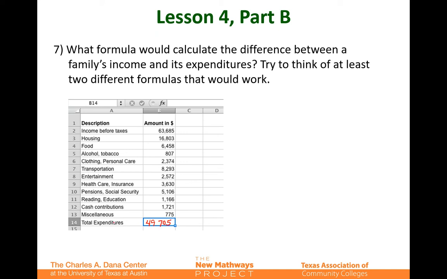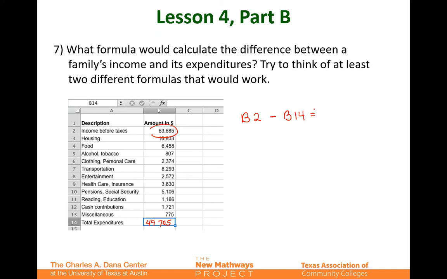49705. So if you had filled that one in, the simplest formula would simply be income, which is B2, minus the total expenditures, B14.